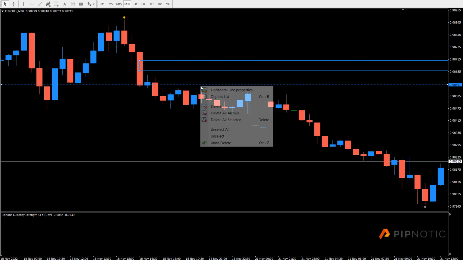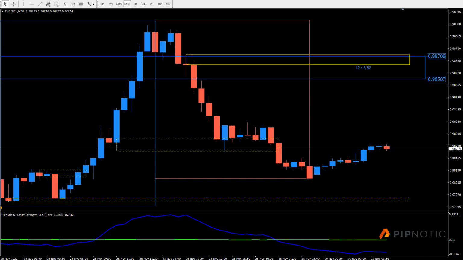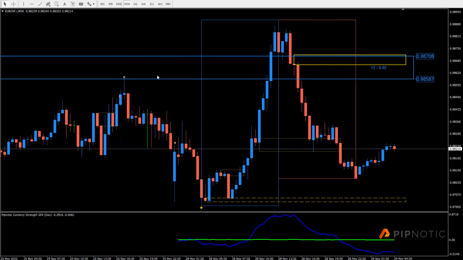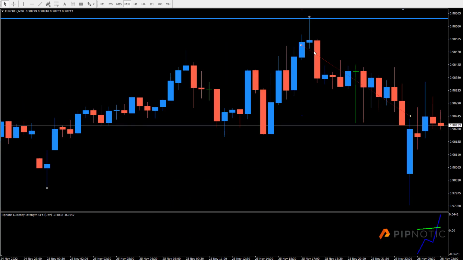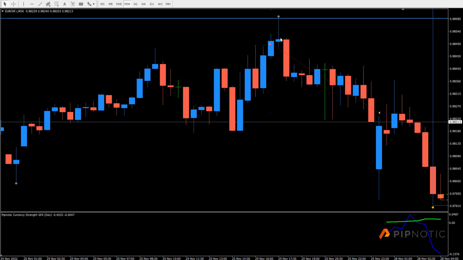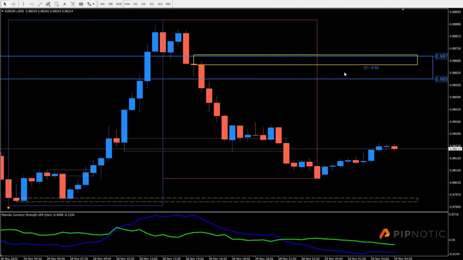So let's move this now, and we'll put our rectangle right there. And then we go back, boom, we see exactly where we went. And this is exactly where price went to. Let's see. Okay, so the high of this candle, it's difficult to read. 9848.